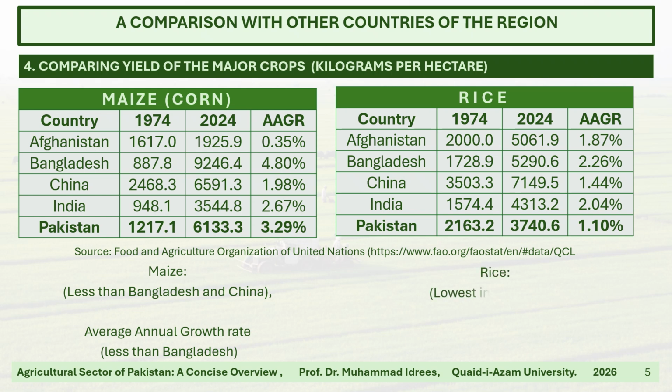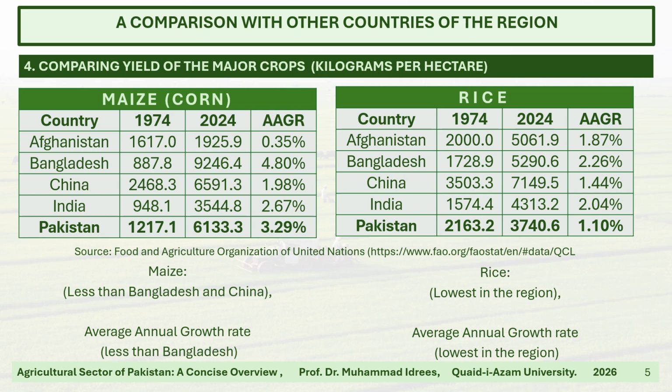Similarly, if we look at the table of rice, we will find that per hectare yield for Pakistan in 2024 is lowest in the region, and average annual growth rate is again lowest in the region.